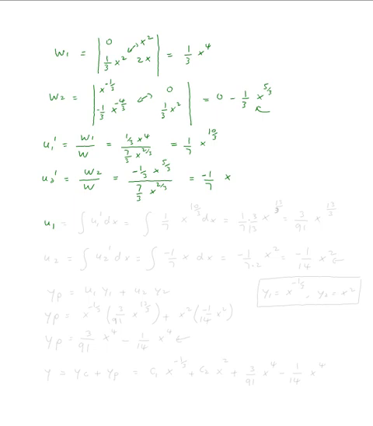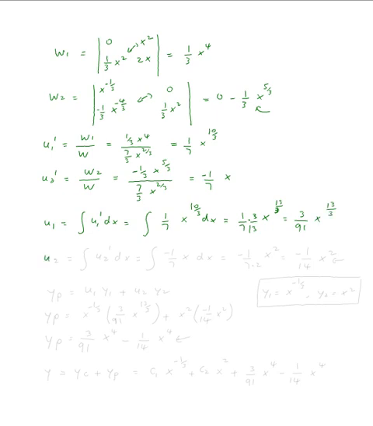Now by definition, since we have u1 prime, u1 is just the integral of u1 prime dx, which is the integral of 1 over 7 x to the 10/3 dx, which is 1 over 7 times x to the 10 over 3 plus 1, which is 13 over 3, divided by 13 over 3, so multiplied by 3 over 13, which is 3 over 91 x to the 13 over 3.